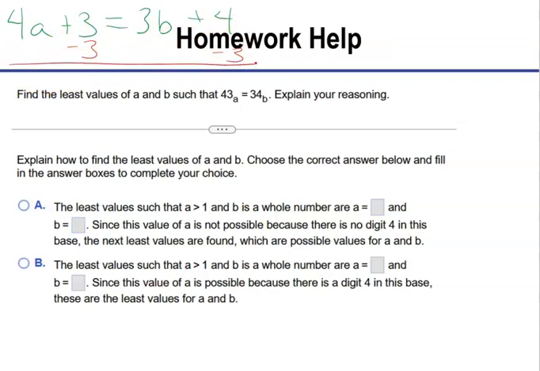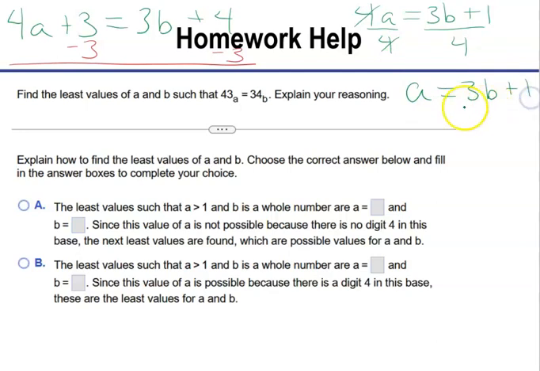That's going to give me 4A is equal to 3B plus 1 because I subtracted 3 from both sides. Now to solve for A, finally, I'm going to divide both sides of this equation by 4. So I know this relationship, that A is equal to 3B plus 1 divided by 4.